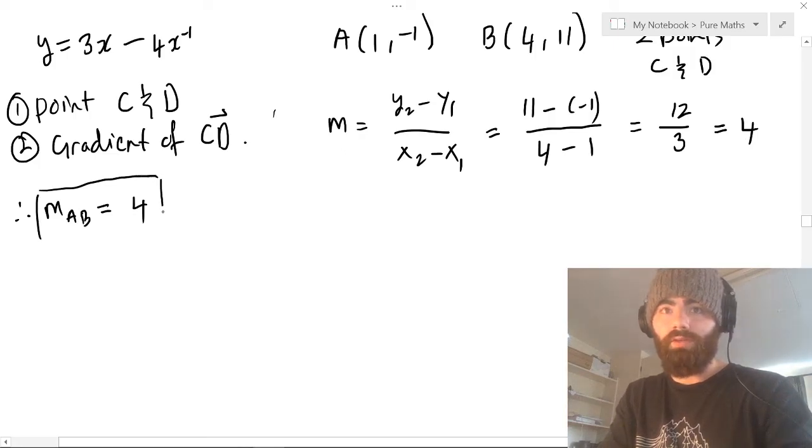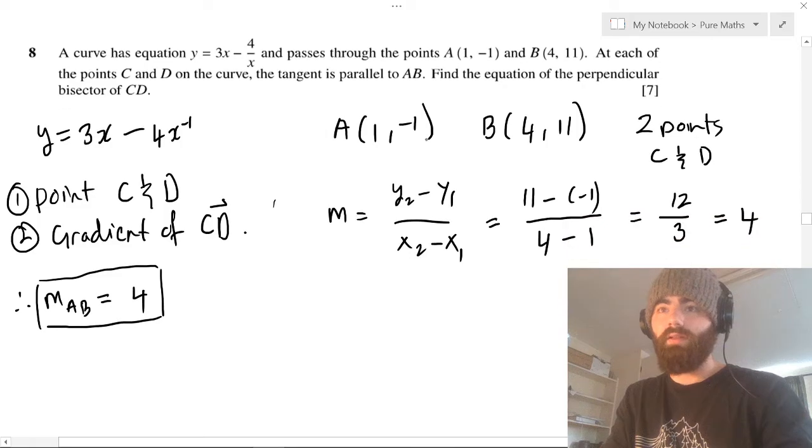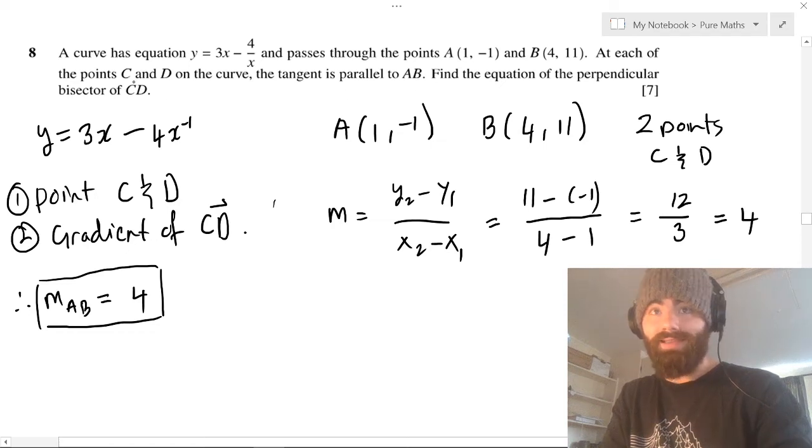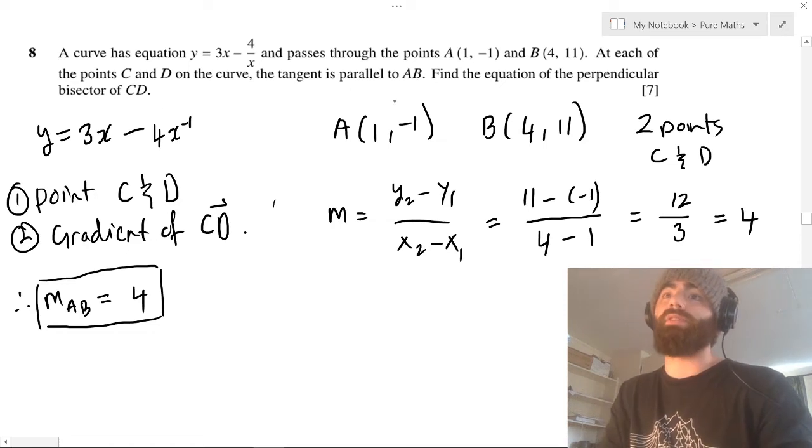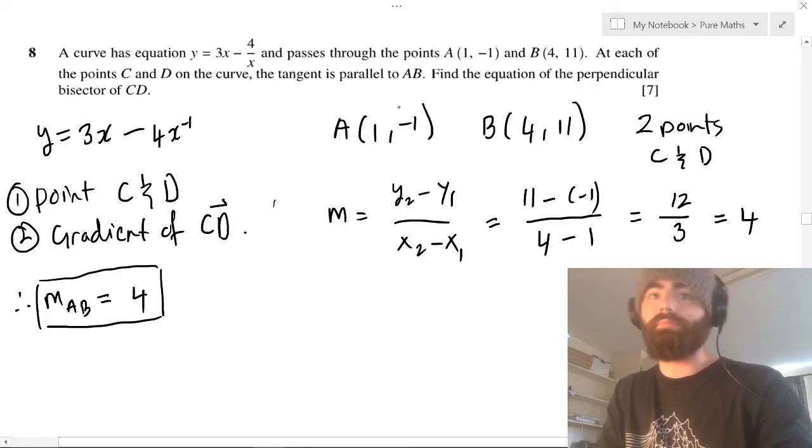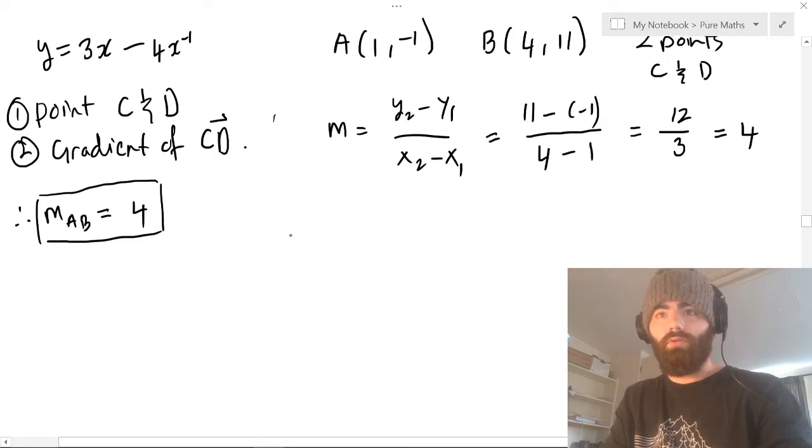So that's an important piece of information, because their tangent is parallel to AB, so that means that the gradient at C and the gradient at D is the same as the gradient of the line AB. Cool.